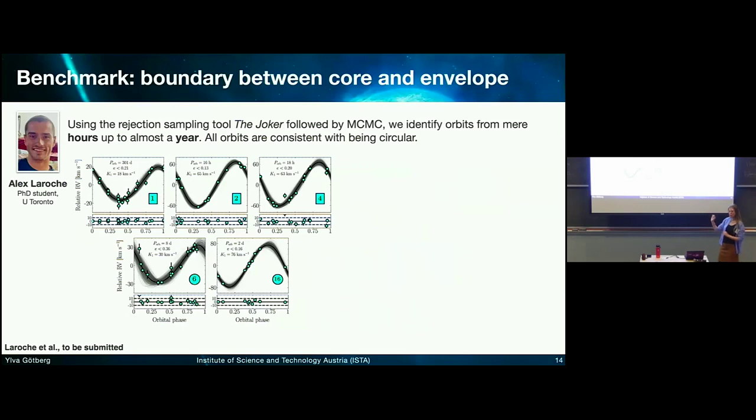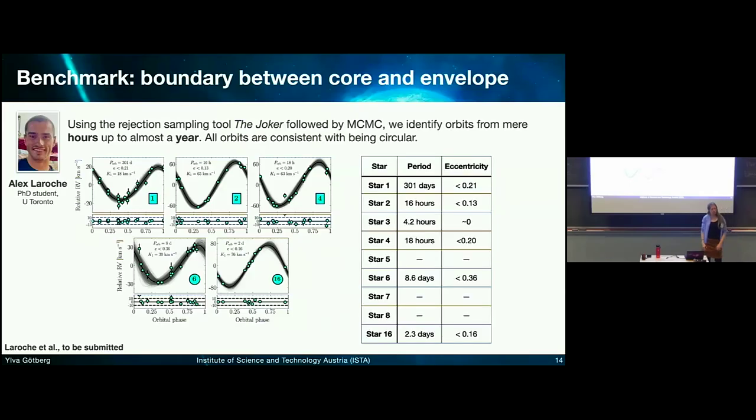We don't have to go into detail on how to do that, but he found several orbits, and what he found was that the orbits actually cover a wide span, from hours to year-long orbits. So this is some orbits. You can see we didn't get orbits for everything, among them star 5, yeah?